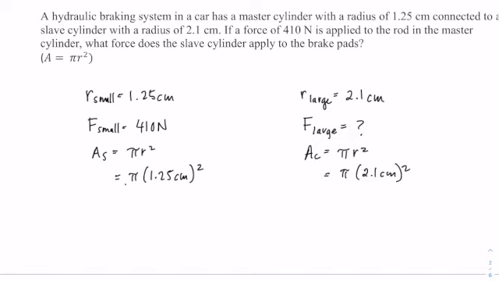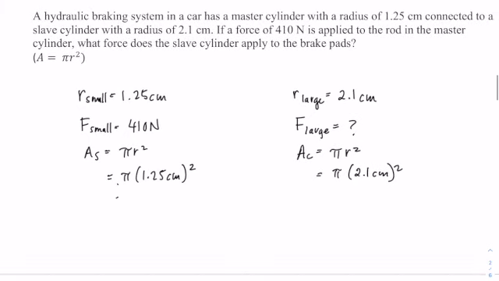Don't forget to square it. So let's find 1.25 squared times pi. We end up with an area of 4.91 centimeters squared. That's the small area.